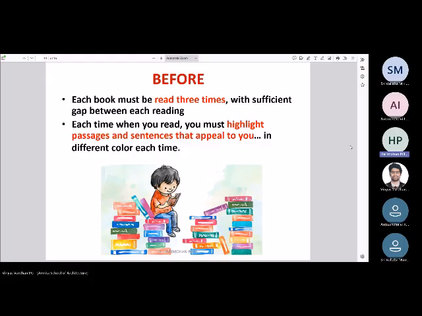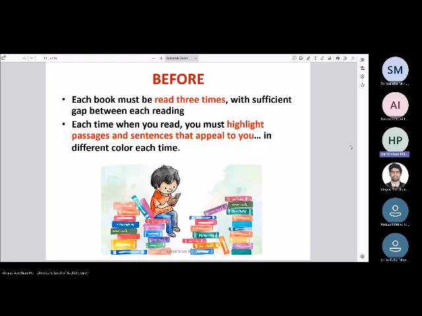While reading, you highlight some areas which appeal to you. Every time you read, in the first reading, you use one color to highlight in the book. That means you can't take a library book and start highlighting in it. Better you collect a book from the library which you think is most essential for your research work, get a photocopy done or scan it, convert it into PDF, and in the PDF you can do all kinds of color coding to realize what you have understood in the first reading, what you have further discovered in the second reading, and what you missed out in the first two readings, you again discover in the third reading.